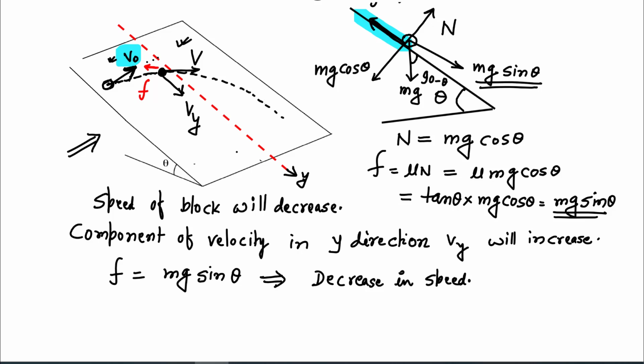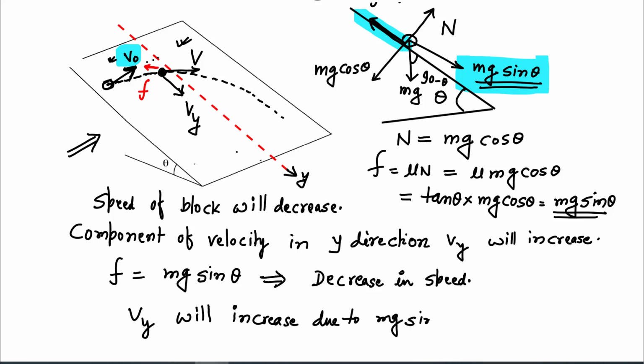And what is responsible for the increase in the speed? Along the y direction, mg sin theta will increase the speed. So once again, the force that is responsible for the increase is also mg sin theta. So v_y will increase due to mg sin theta.